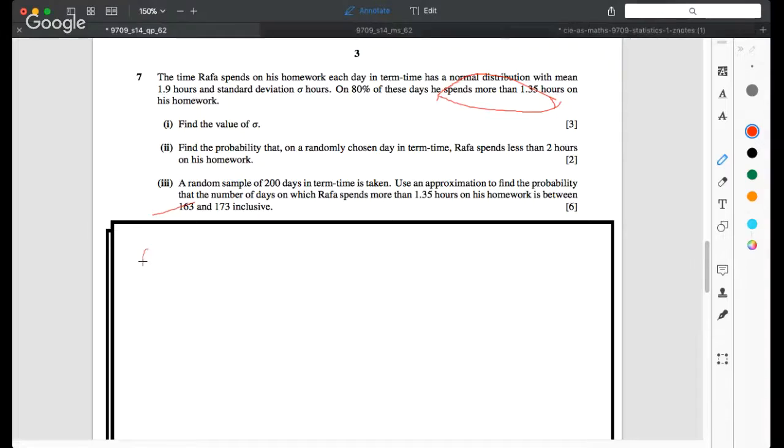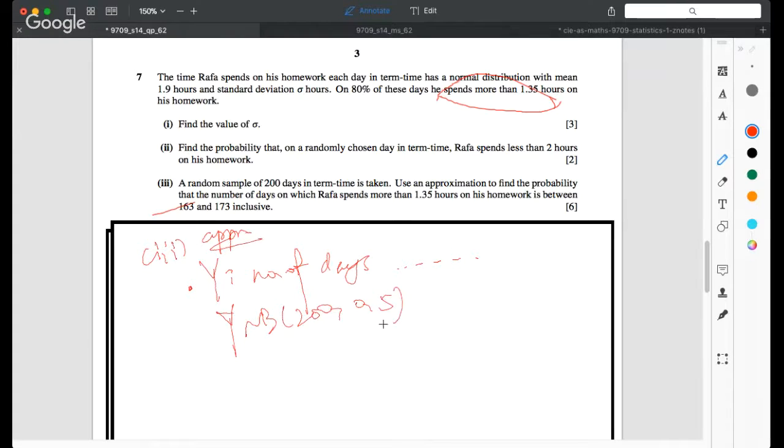Okay, so the third part is an approximation problem. First, we define Y as the number of days on which he spent more than 1.35 hours on his homework. And Y follows a binomial distribution of 200 and 0.5. And we check that 200 times 0.5 is 100.